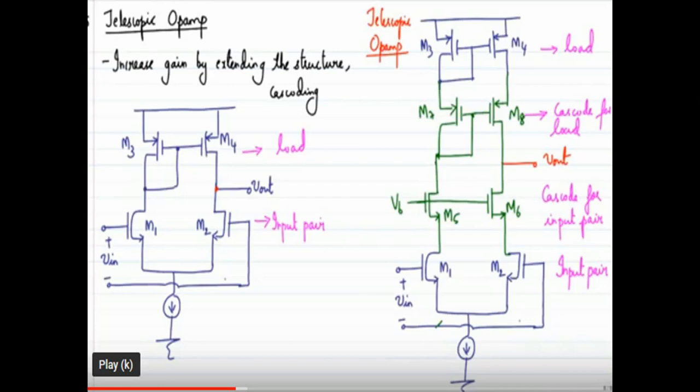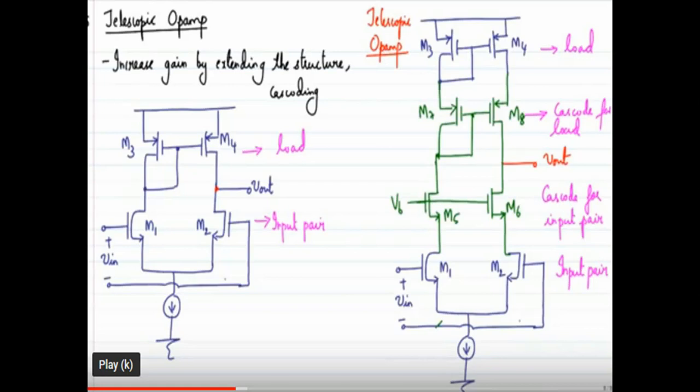The telescopic opamp structure consists of the input pair, which is cascoded by the same NMOS transistors, M5 and M6. Then there is the load structure, M3 and M4, which is cascoded by M7 and M8. So the four parts are: input pair, cascode for input pair, cascode for load, then load. This is the structure of a telescopic opamp.